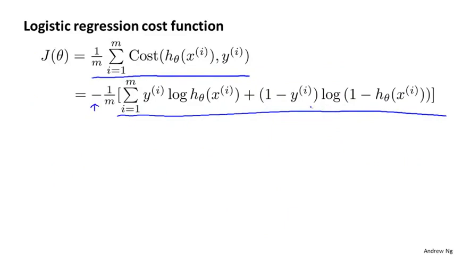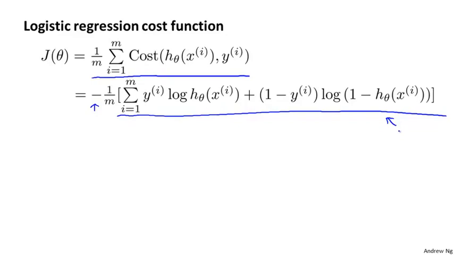And why did we choose this particular function? Well, it looks like there could be other cost functions we could have chosen. Although I won't have time to go into great detail in this course, this cost function can be derived from statistics using the principle of maximum likelihood estimation, which is an idea in statistics for how to efficiently find parameters for different models.